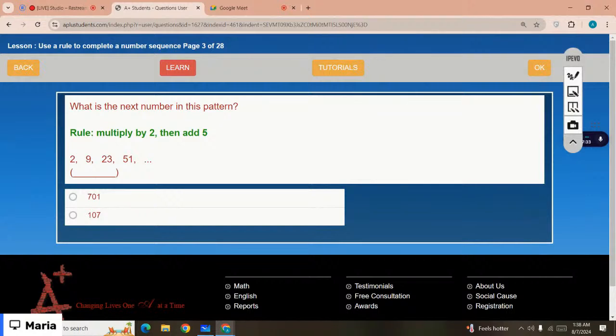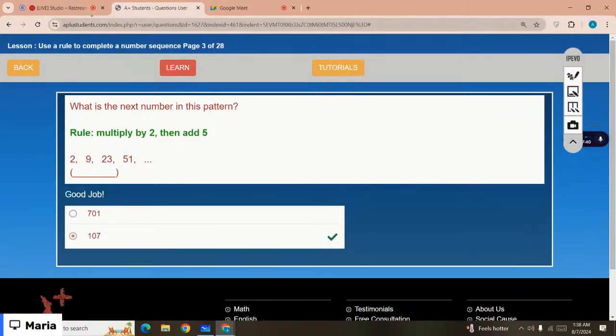The correct option is 107. Option number 2 is the correct option.